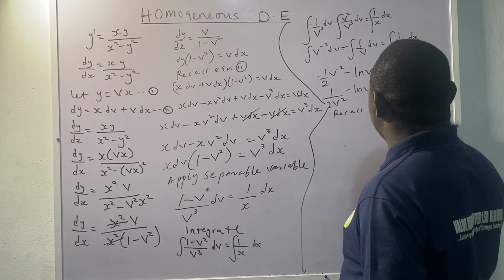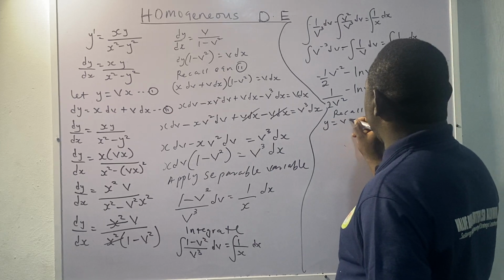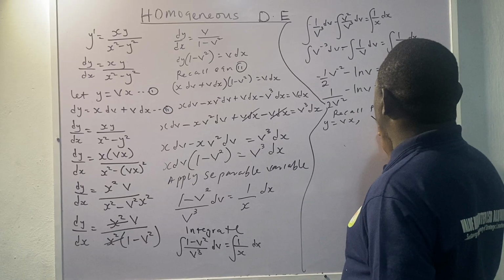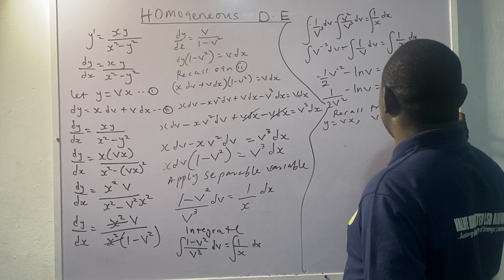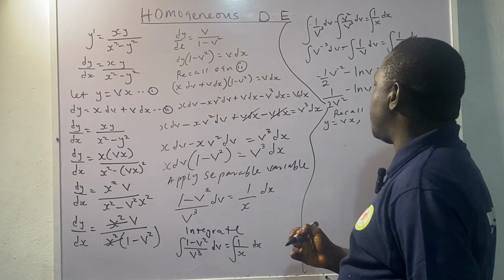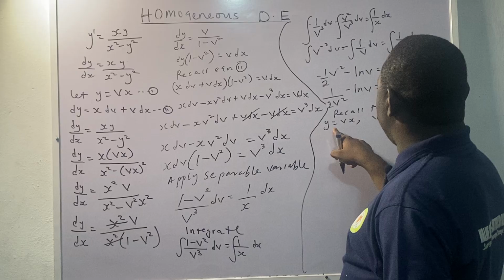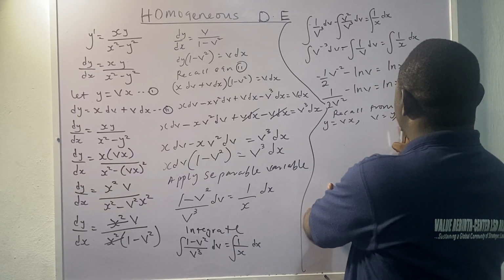So recall from equation 2, y is vx. So therefore, v is this over this. So we have that. So in that case, anywhere I see v, I'm going to put what? y over x.